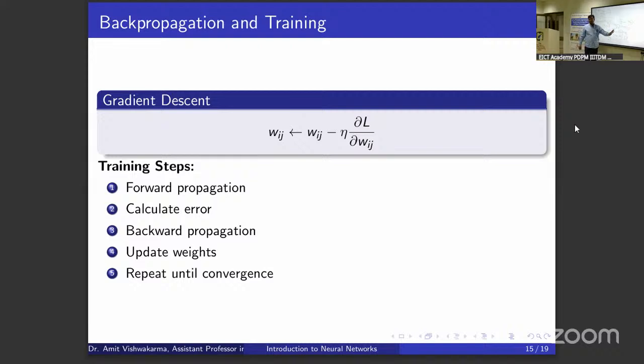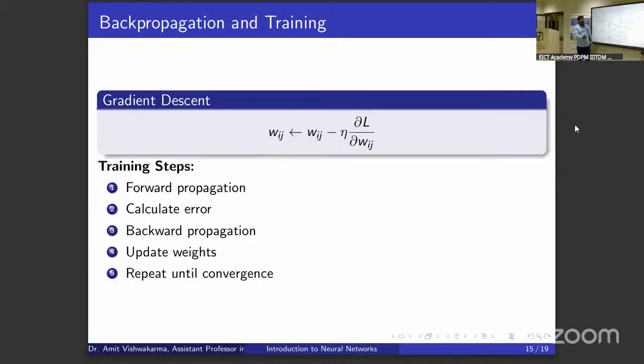If we want to update this particular weight, I have to differentiate with respect to W00. If I want to update this, I have to differentiate with respect to W10, and so on.